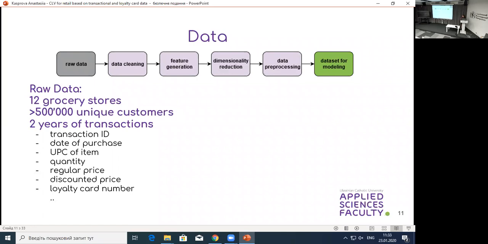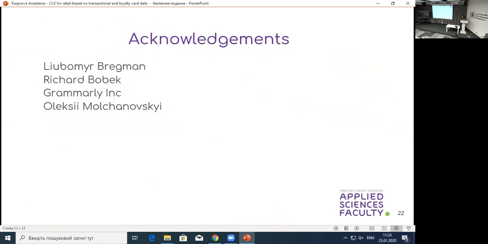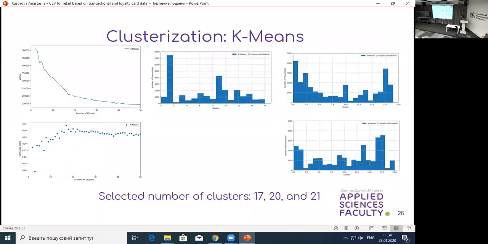And of course, it's a bit manual, because you have to decide how many clusters you are going to use. It's not obvious. I can show you the results of, let's say, K-means. I know that McKinsey, for instance, they use only K-means, as far as I know. So the first rule is that you have to build the dependence of within-cluster sum of squares on the number of clusters, and use the elbow method.